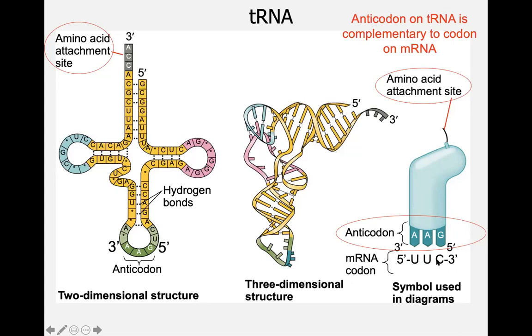We're just looking at 3 nitrogenous bases here, UUC, just one small portion of that mRNA strand. The tRNA that comes in will have the complementary bases to that UUC. What we call that on the tRNA is the anticodon. So you have the codon on the mRNA, the anticodon on the tRNA.